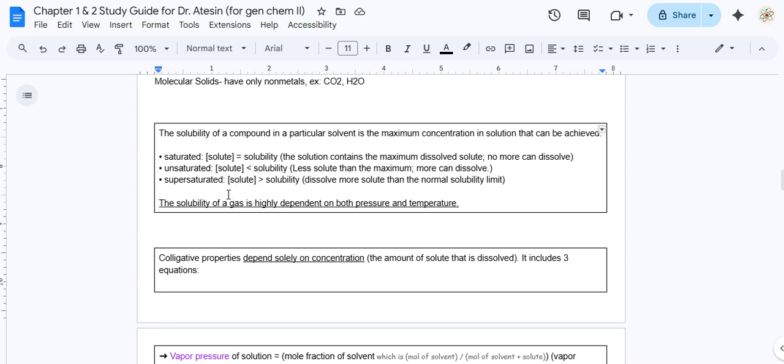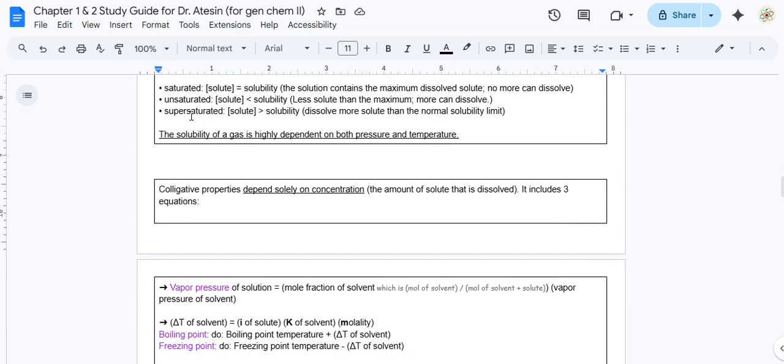And if there's a higher concentration of solute than its solubility, then this is called a supersaturated solution. And the solubility of a gas is highly dependent on both pressure and temperature.